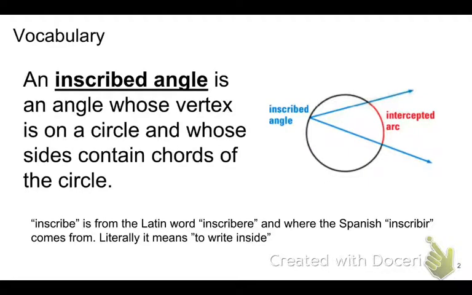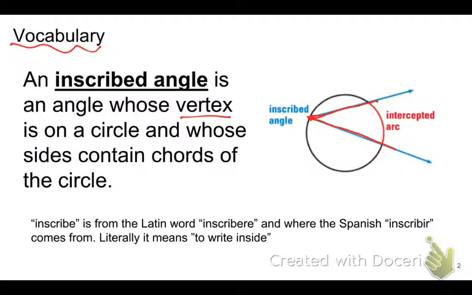First of all, vocabulary. An inscribed angle. Here's an inscribed angle. It is an angle whose vertex is on a circle. There's the vertex right there, and it's on that circle.